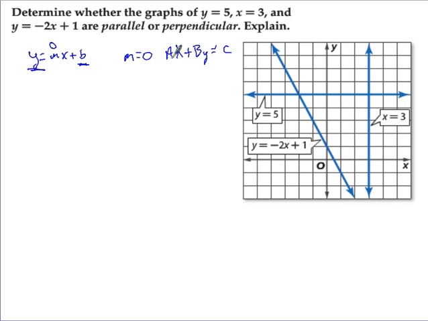And so we end up with a line that has an undefined slope. And so x equals 3 is a slope that's undefined. So y equals 5, the slope is 0, and x equals 3, the slope is undefined.